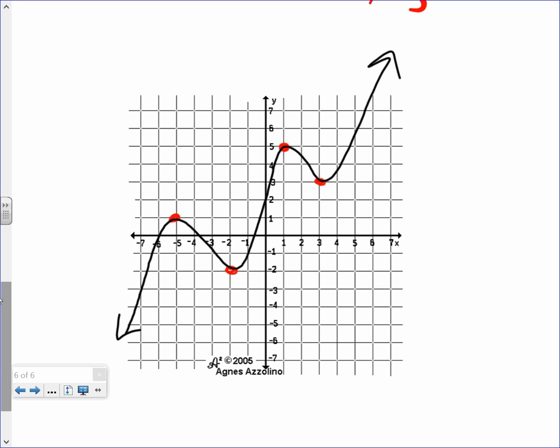So I'm going to highlight in blue the areas of increase. So this is increase. There's an increase. And there's an increase. 3 intervals, we call it. Intervals like a window. There's 3 windows of increase here, all in blue.